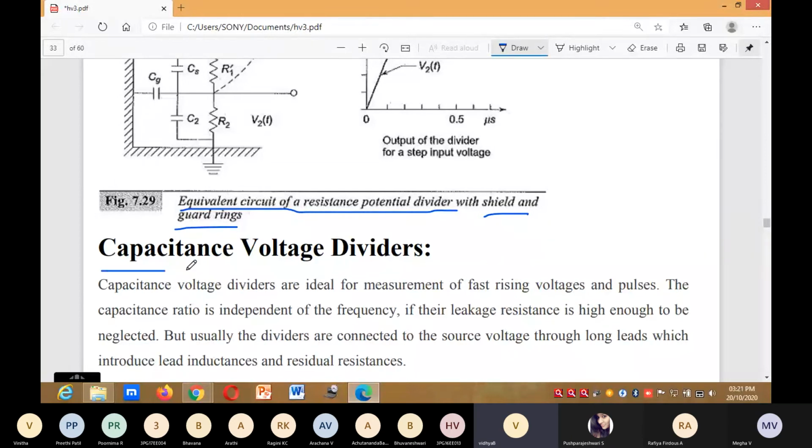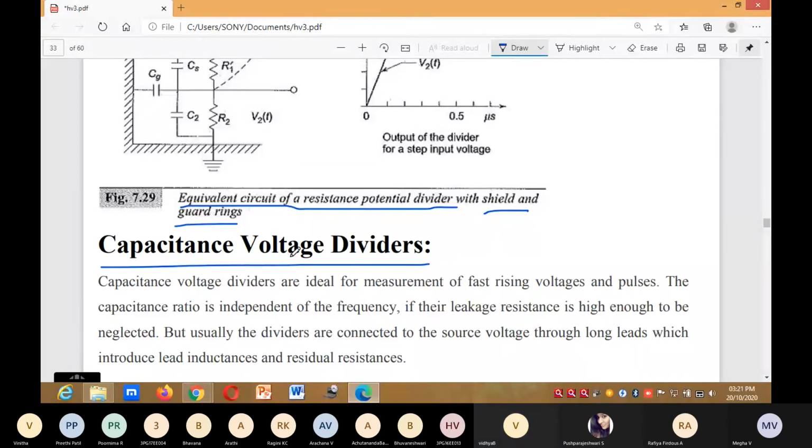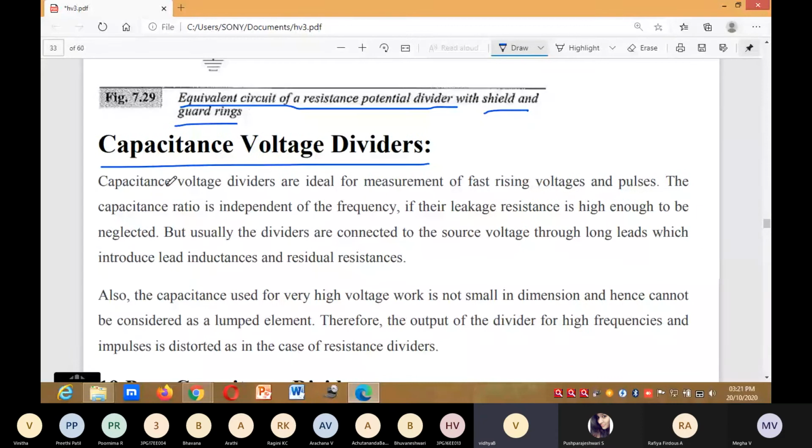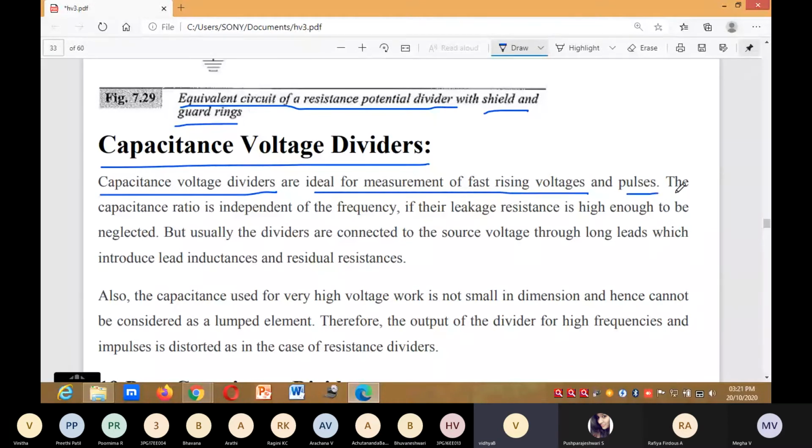Next topic is capacitance voltage dividers. Capacitance voltage dividers are ideal for measurement of fast rising voltages and pulses. The capacitance ratio is independent of frequency, and any leakage resistance is high enough to be neglected.